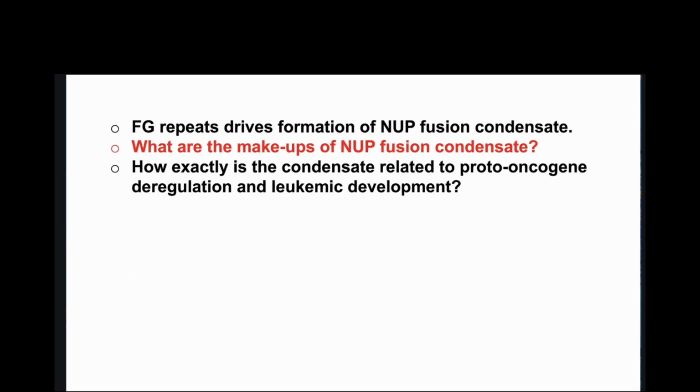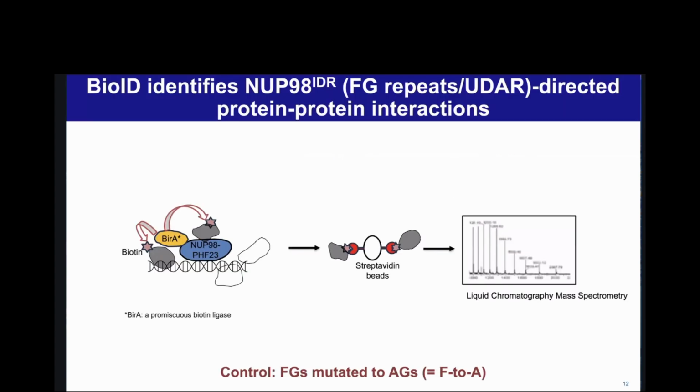What is the makeup of this condensation made by NUP98 fusion protein in the nucleus? To that, we use a proteomics approach, and you probably have heard of this BioID or TurboID technology.